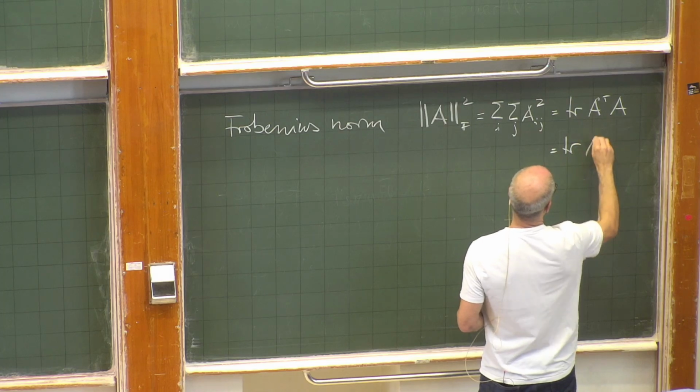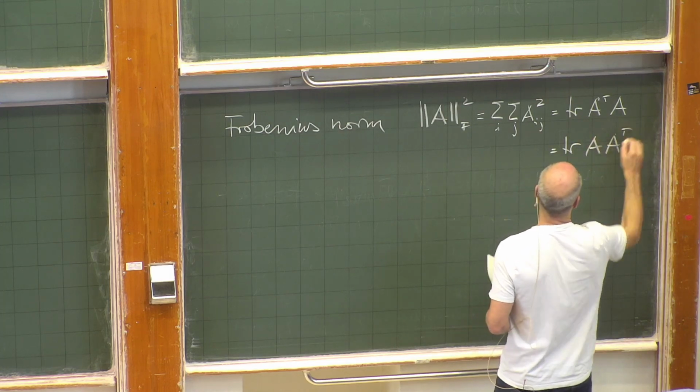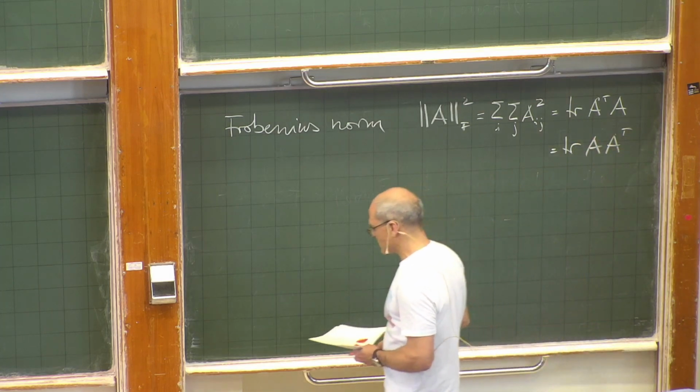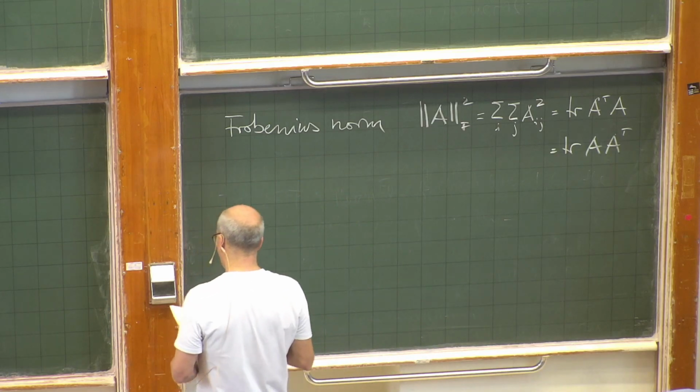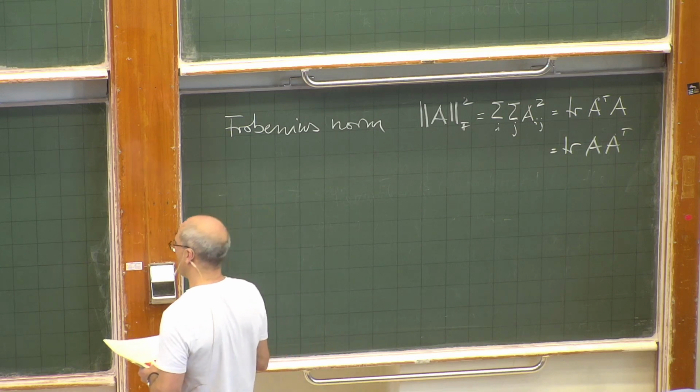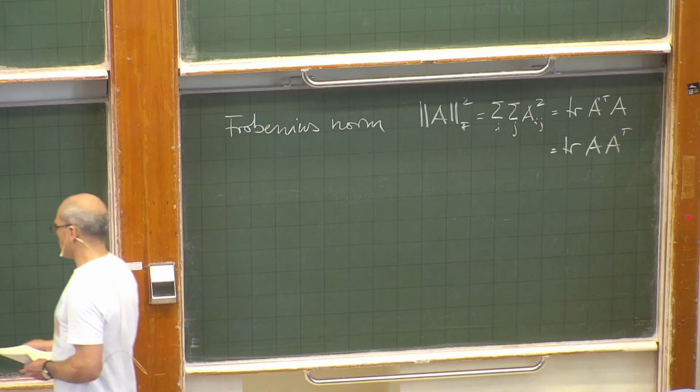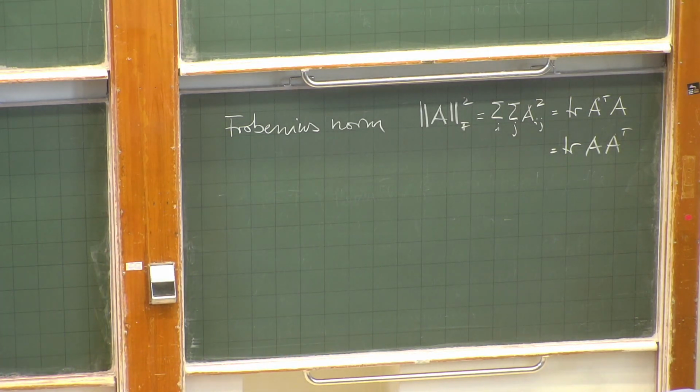Or I can write it in terms of the trace. And this is what we are doing now. So what we have here is this sum of squared residuals.